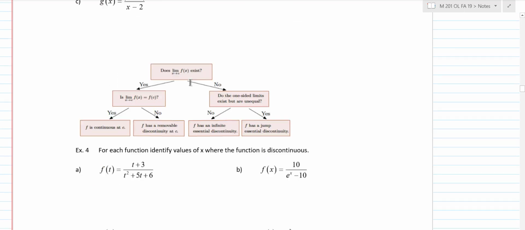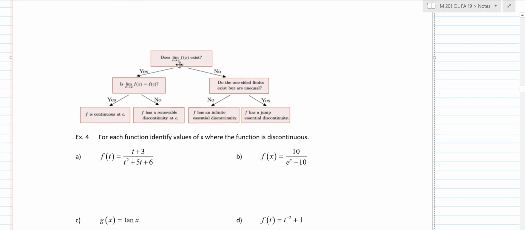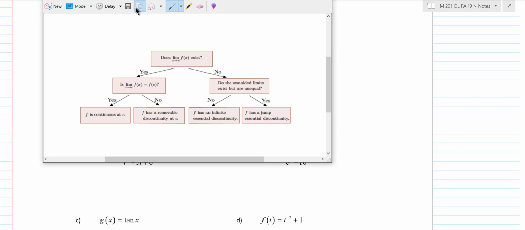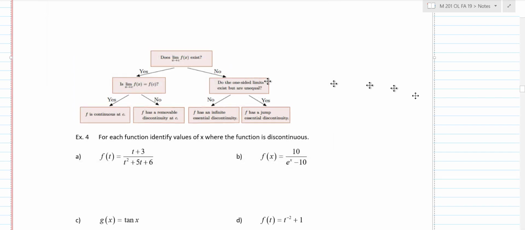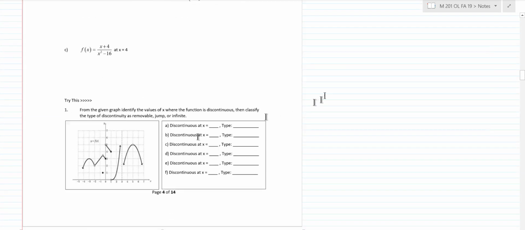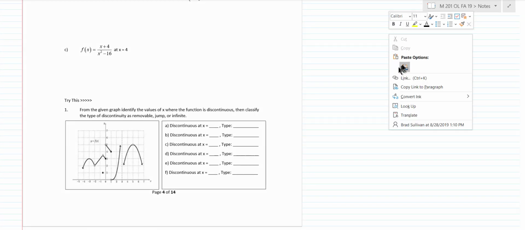I'm going to jump down here for a minute and take a little screenshot of this. I wish I had put this a little higher up in the notes, but this is a flow chart that you can go through to reason this out. I'm going to paste this over here and refer to it as I work some of this out.